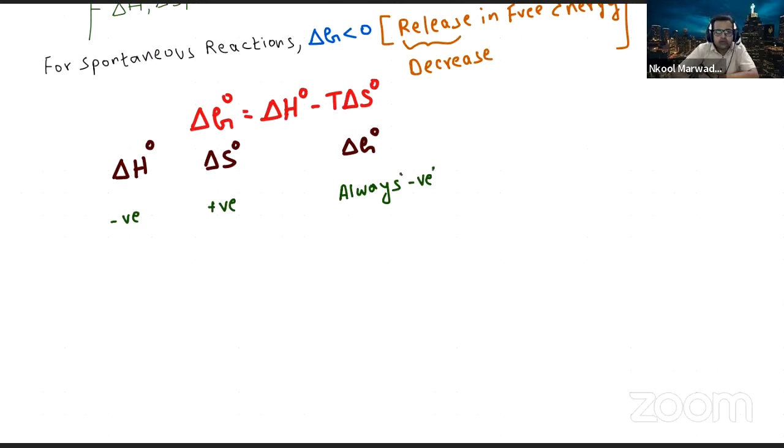If change in enthalpy is positive, endothermic reaction, and delta S is also positive, then delta G is negative at high temperature.